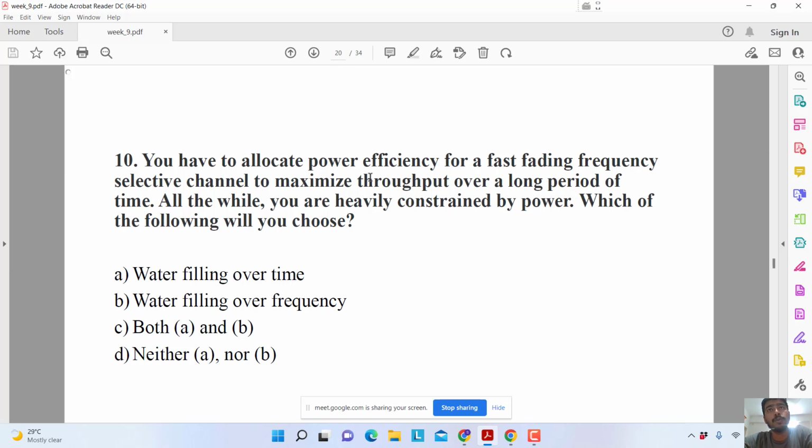We have to maximize the throughput for a long period of time. And given is that all the while you are heavily constrained by power. So which of the following you will choose? If anyone got the answer, can comment or speak.